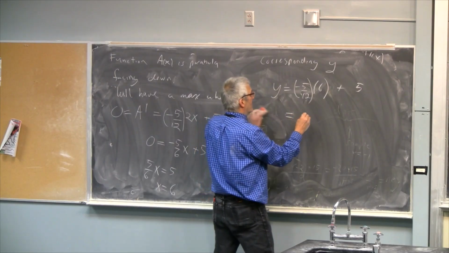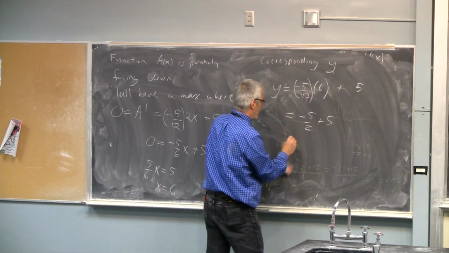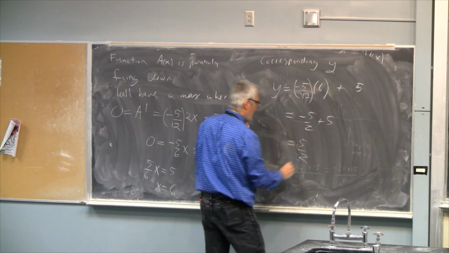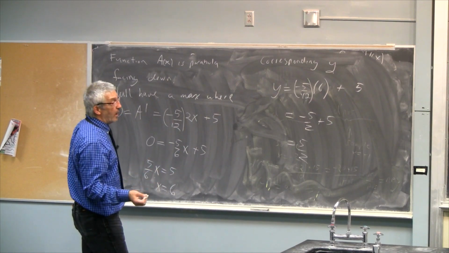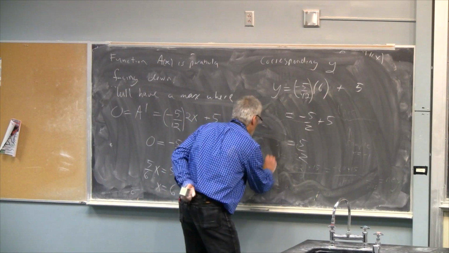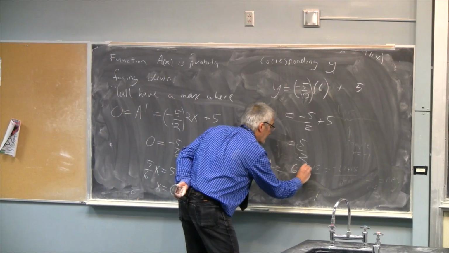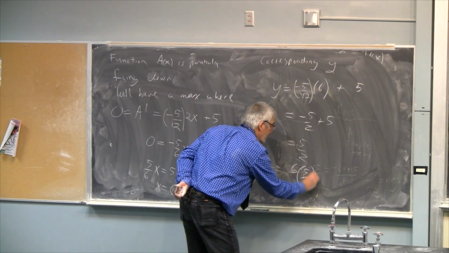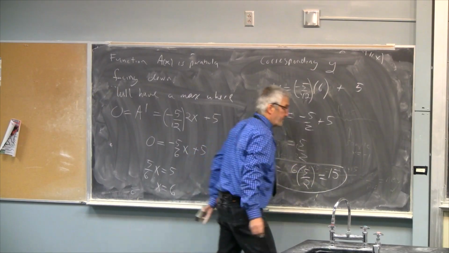So that's minus 5/2 plus 5. So that's 5/2. That's my y value. But again, we were not asked to find x and y. We're asked to find the area. So the area is 6 times 5/2. So that's 15. There we go.